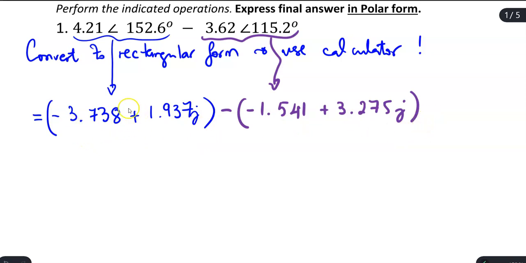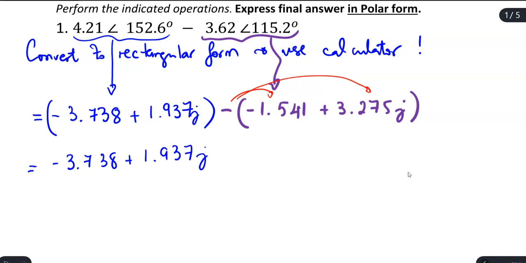In algebra, I can add or subtract like terms, but before I can do that, I should open up the bracket. That means I multiply the negative inside the brackets, and then I should have, I just repeat the first two numbers, then negative gives me a plus 1.541 and subtract 3.275j.